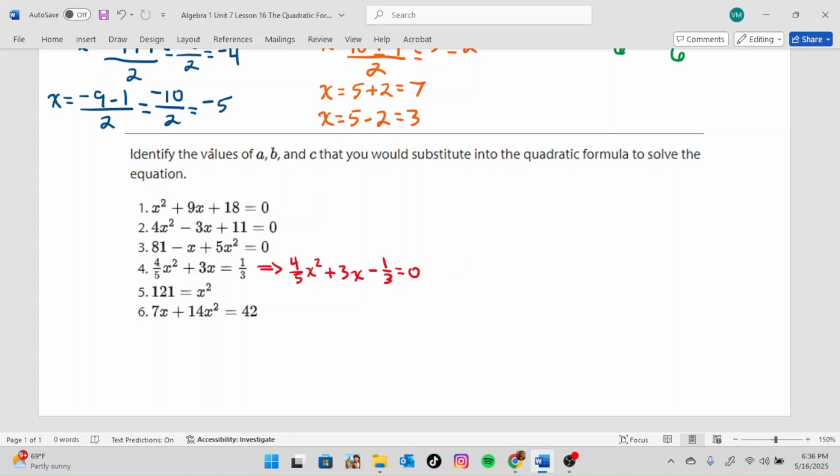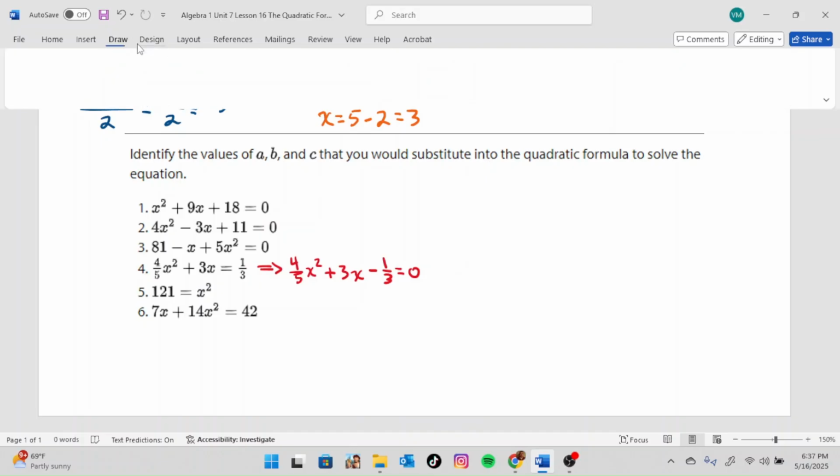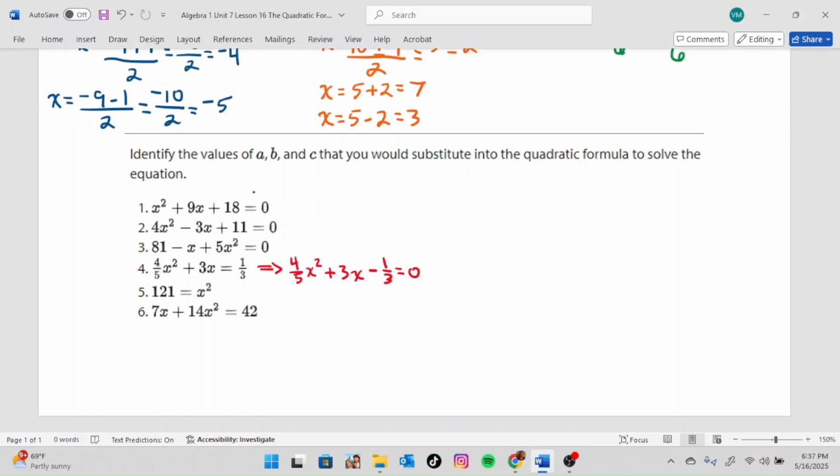Now we would be able to identify A, B, and C. For number 5, I like to keep my x squareds positive as much as possible, so I'm going to subtract the 121 to move it. So now I'm going to rewrite this as x squared minus 121 equals 0.